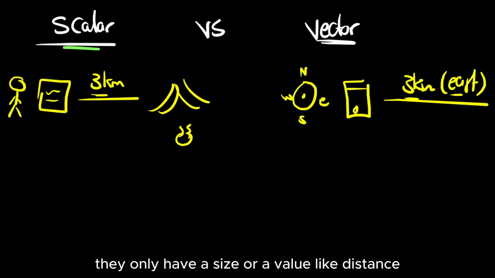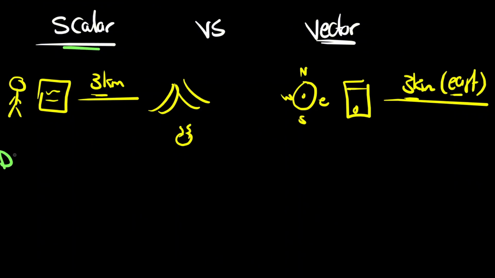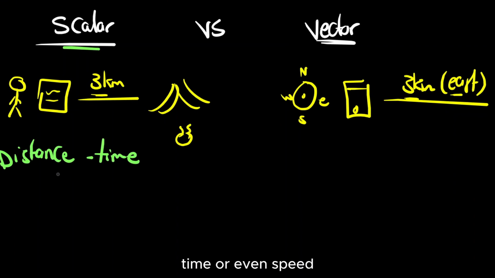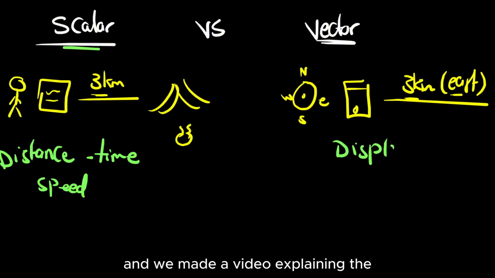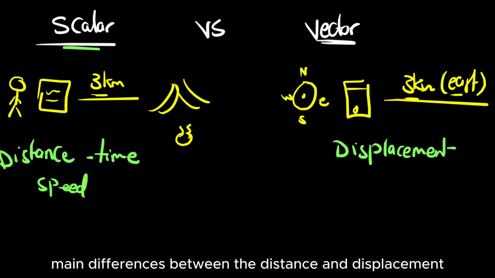Scalars are simple. They only have a size or a value like distance, time, or even speed. While vectors are a bit more detailed because they tell you how much in which direction, like displacement, and we made a video explaining the main differences between distance and displacement.